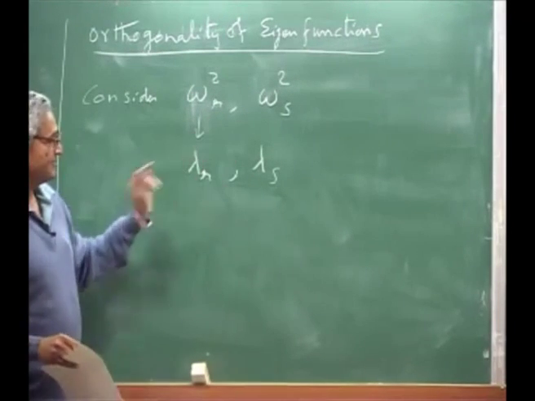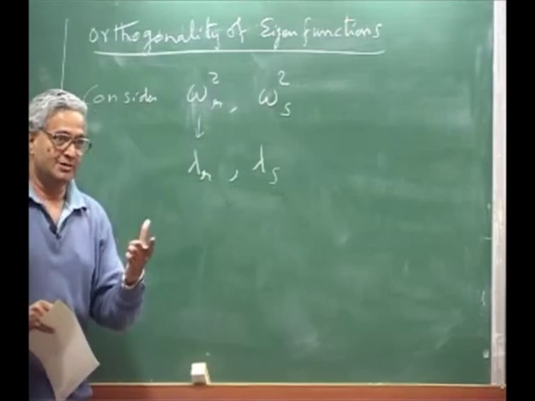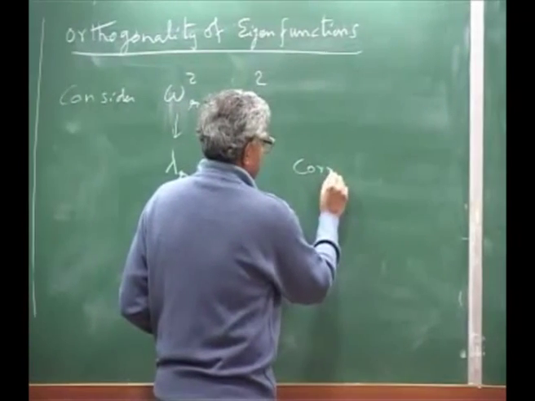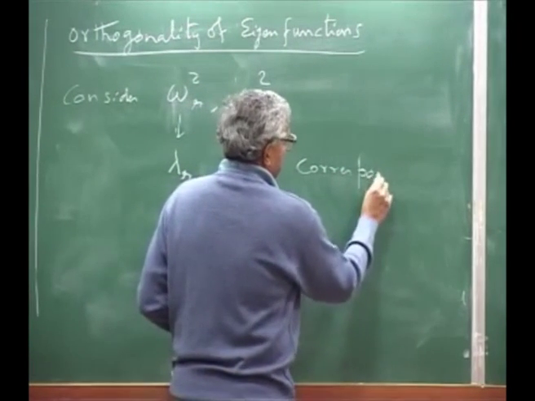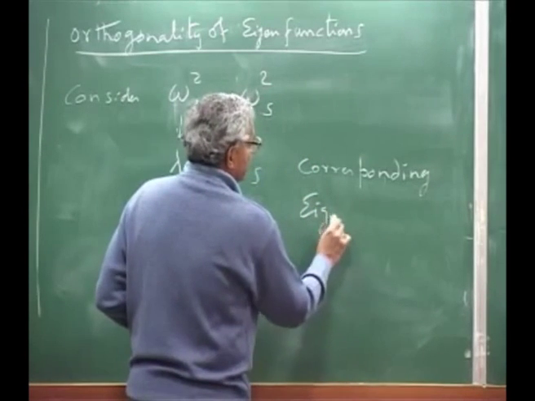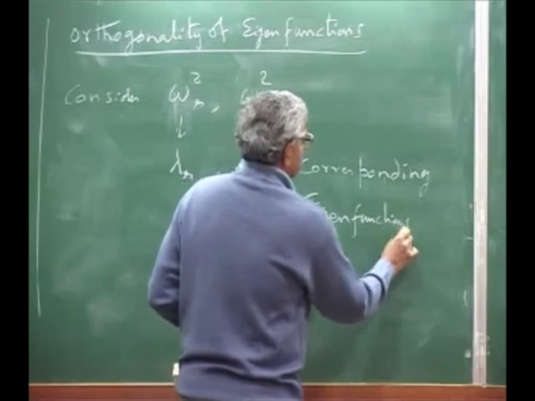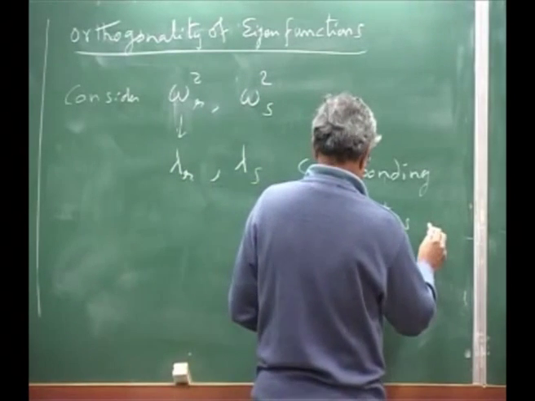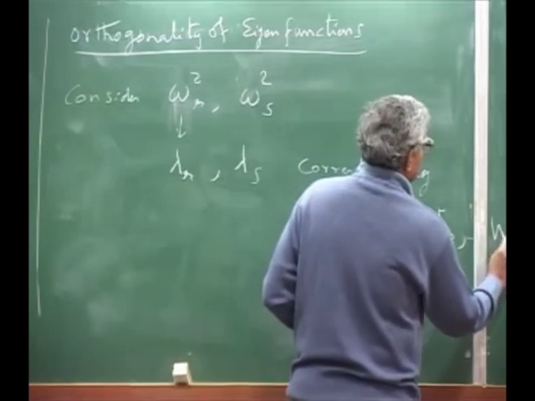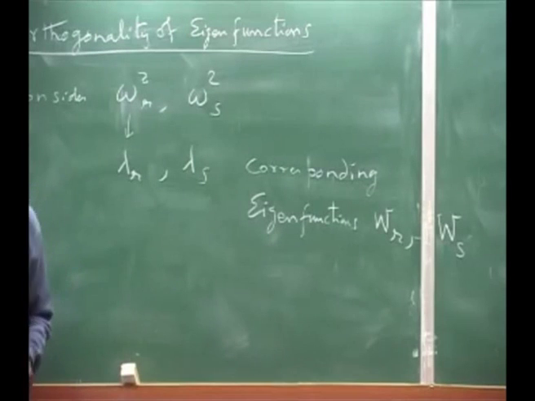I am just denoting them. These are two eigenvalues. Corresponding eigenfunctions, please understand, I am using eigenfunction now. We will denote as W r and W s.